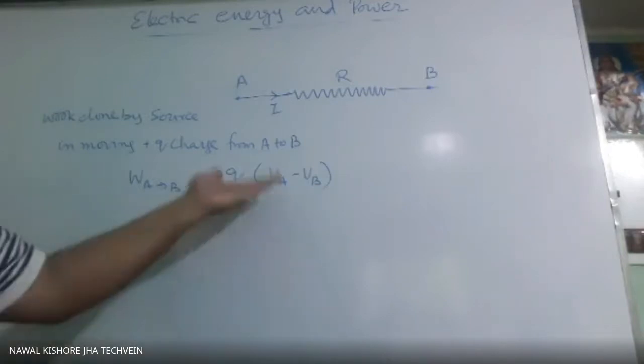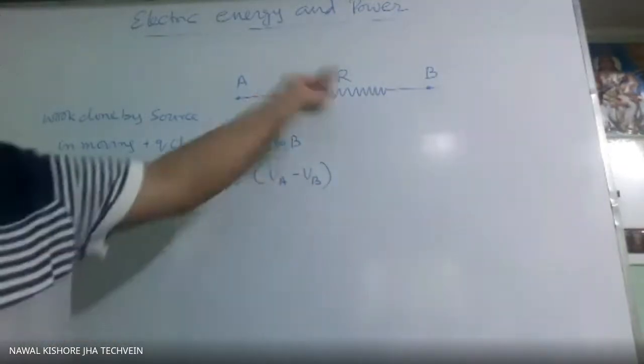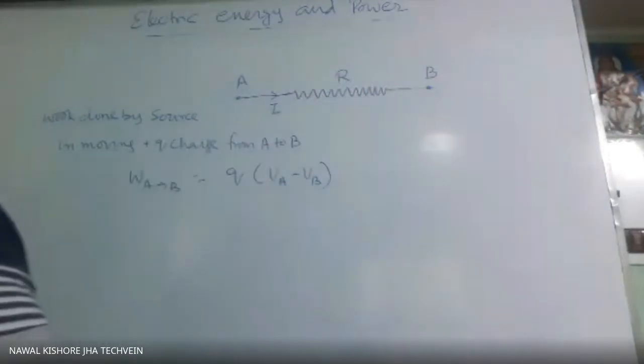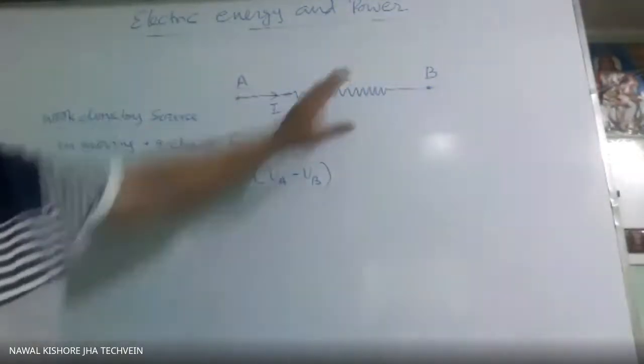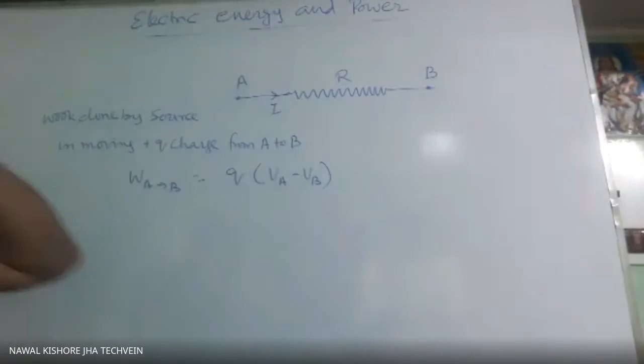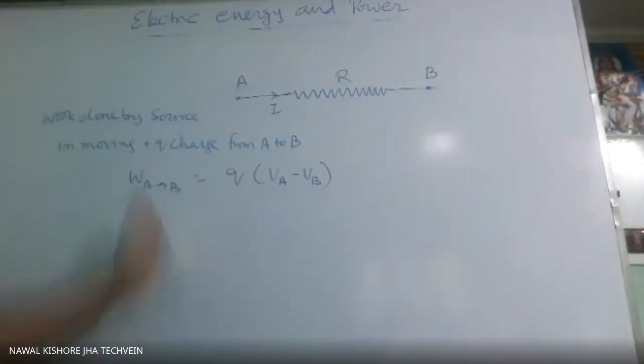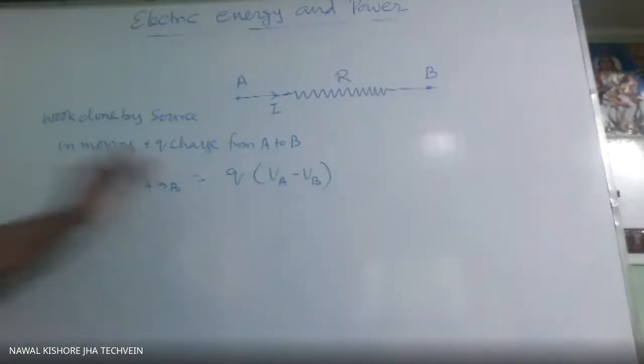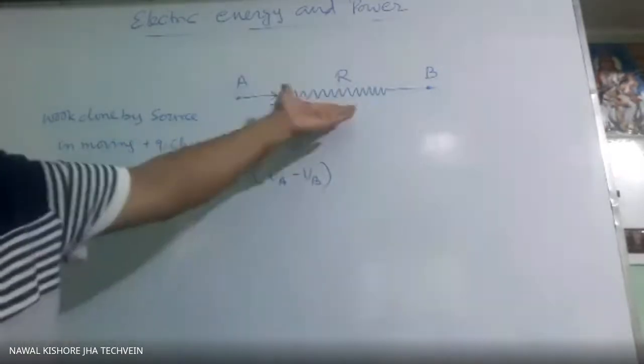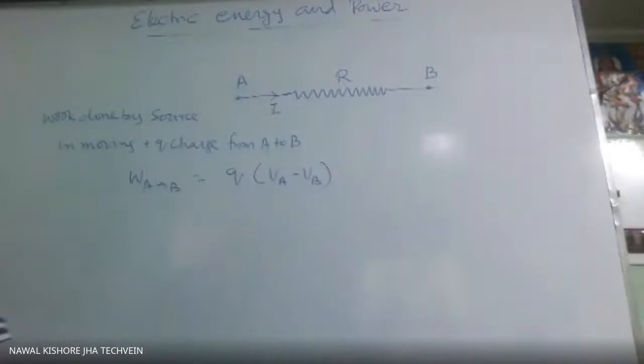That means this much work will be gained here. Or if the work done by the appliance is said, that is the negative of this work, the work done by an external agent. But generally we consider the work done by the source only, so we are interested in this only. Whatever work is done, that is the energy dissipated here. Suppose you are throwing a ball at a wall.